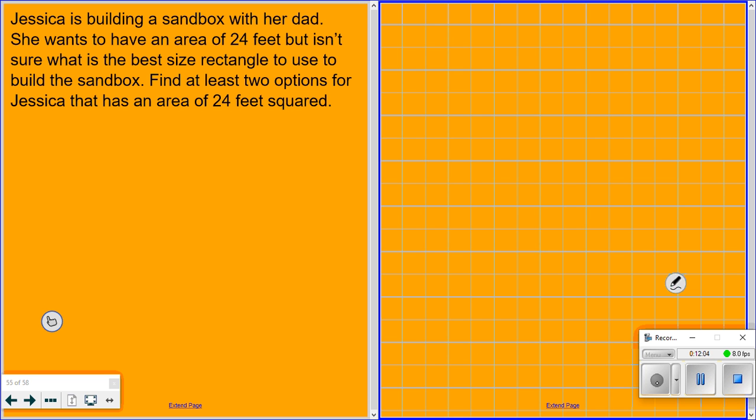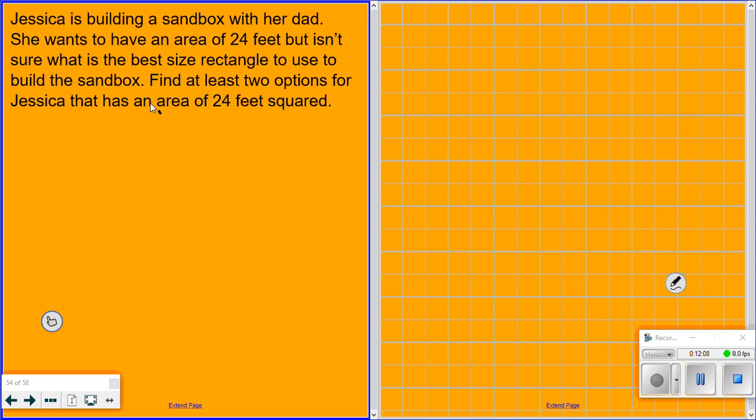I'm counting the inside. I am trying to find an area of 24 feet. How many squares am I going to need inside that shape? Braden? 24.